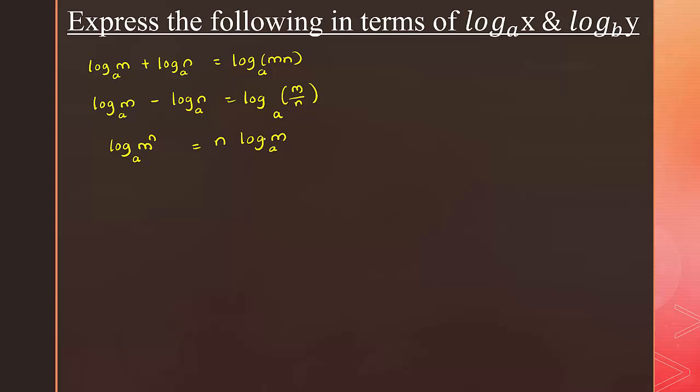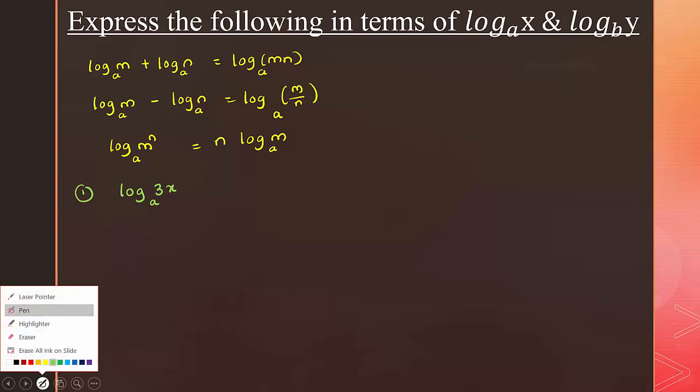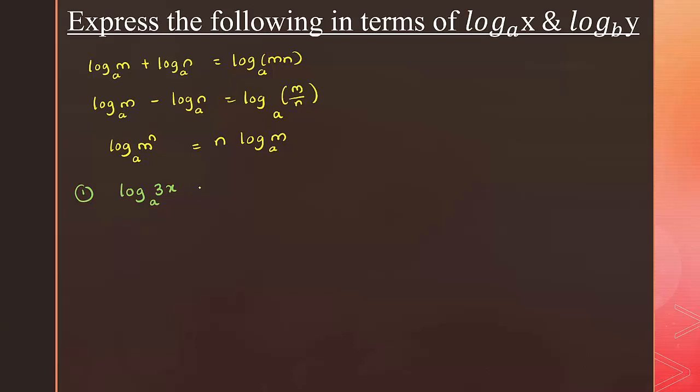Express the following in terms of log x to the base a and log y to the base b. The first problem is log of 3x to the base a. How to express it in terms of log x and log y? This is the product form. You can observe the argument 3 into x.